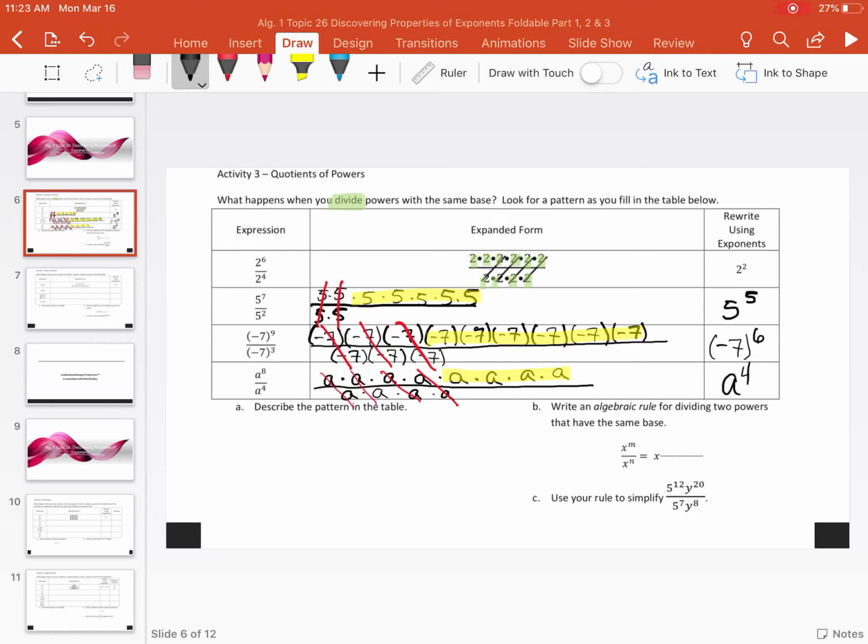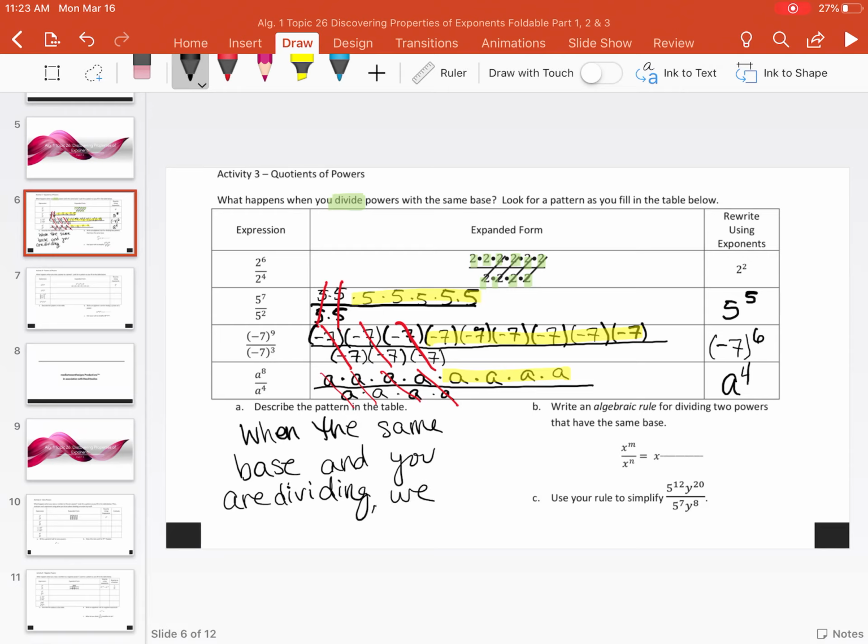A rule that we see here is when there is the same base and you are dividing, we subtract the exponents.